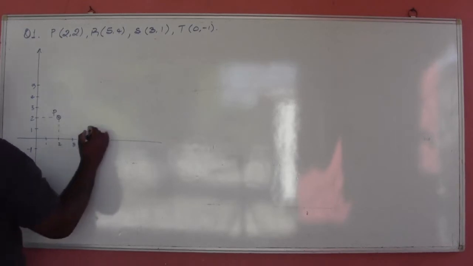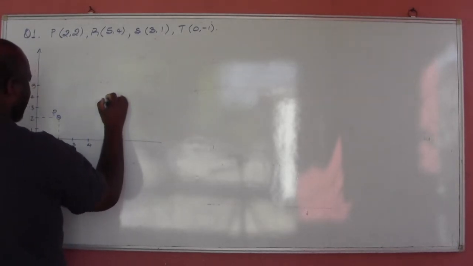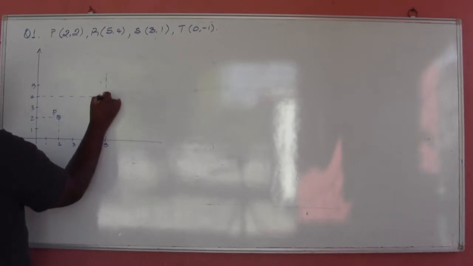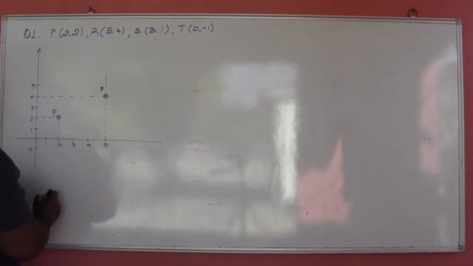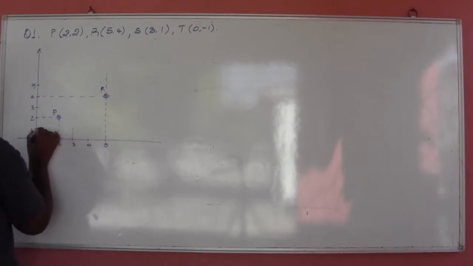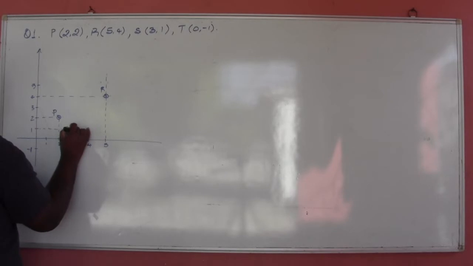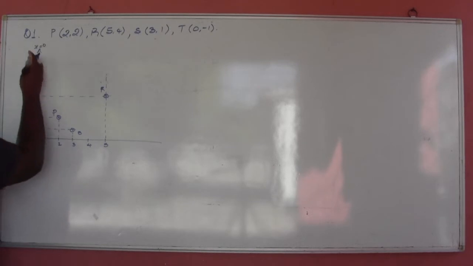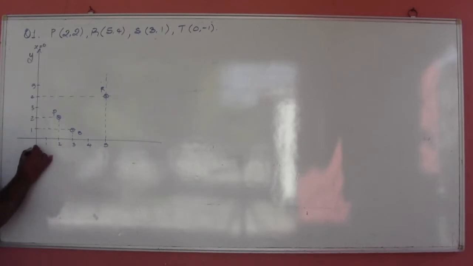That's P. 5, 4 is R. 3, 1 is S, and on the y-axis, which is the line x equals 0, the point 0, -1, which is here, is T. Alright, so those are my points.